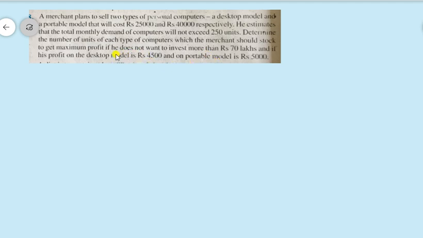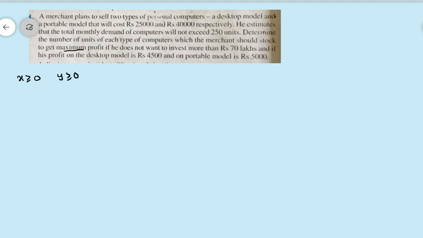So this is the profit. To get the maximum profit, he is asking the number of computers he has to keep. Determine the number of units of each type of computers which the merchant should stock to get the maximum profit. To get the maximum profit, how many computers does he have to keep in stock? So I am assuming X denotes the number of desktop models and Y denotes the number of laptop models.